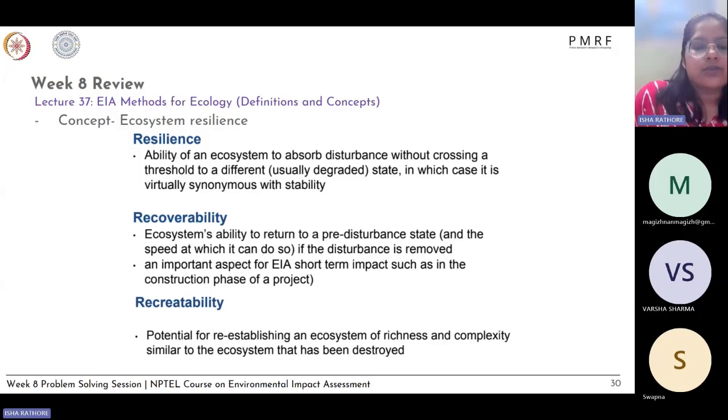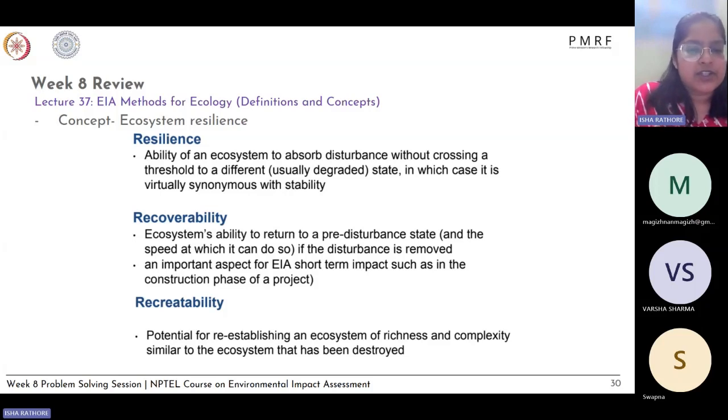So these might lead to short term impacts, but the ecosystem will recover after the construction stage. So at what rate will it recover? That is a key point. And this is something which is used in the EIA short-term assessment relating to ecosystem assessment.